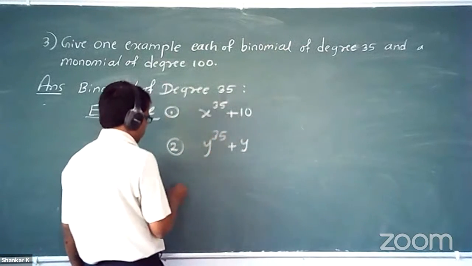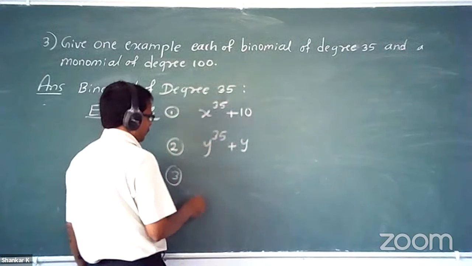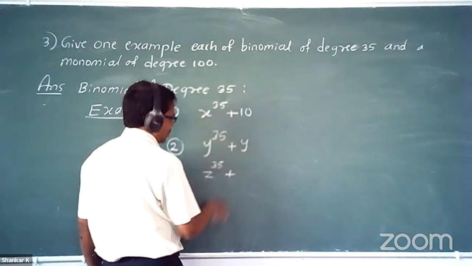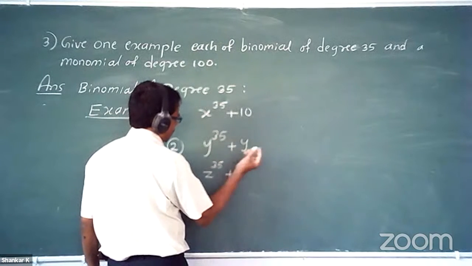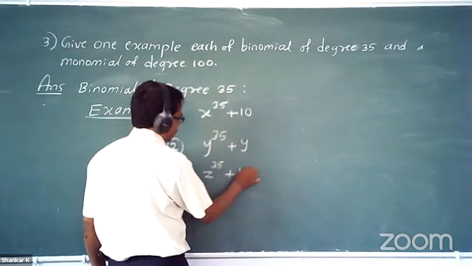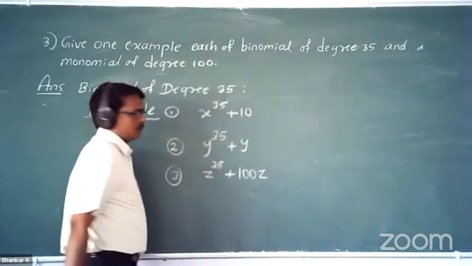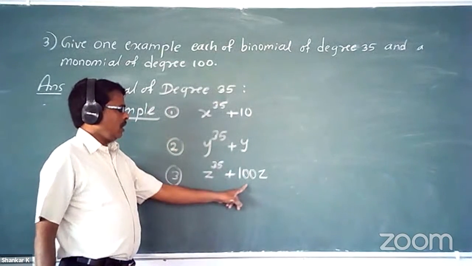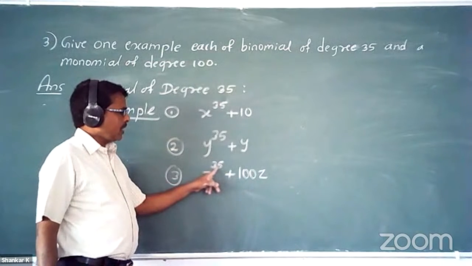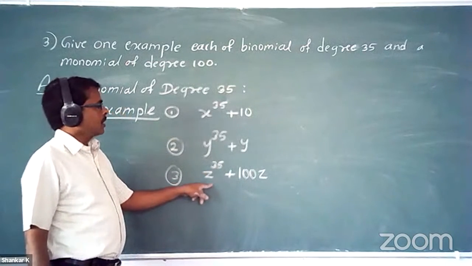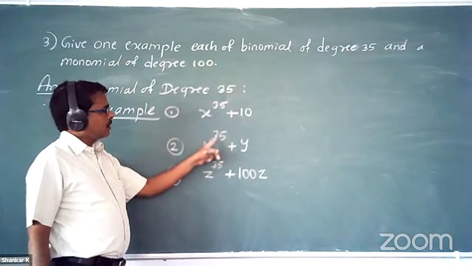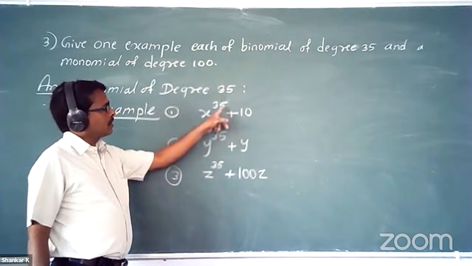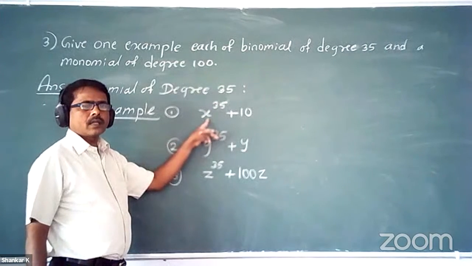For z raised to 35 plus, you can write 100 z. There should be only two terms. It is a binomial of degree 35 in z. It is a binomial of degree 35 in y. It is a binomial of degree 35 in x. Understood or not?